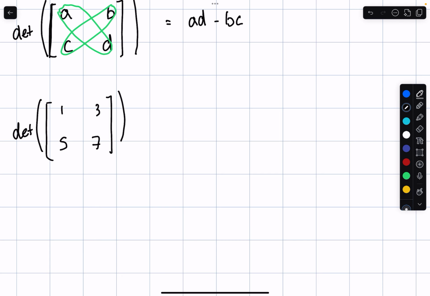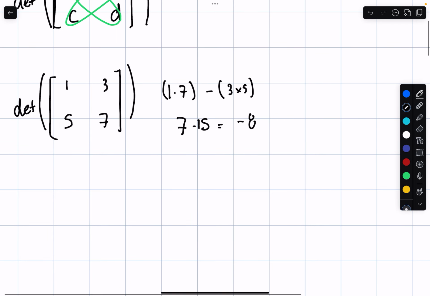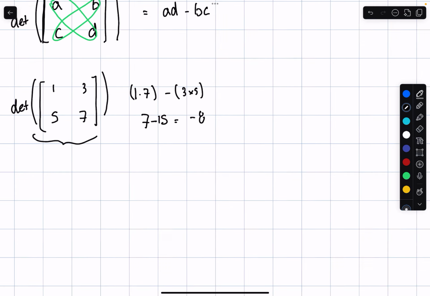All we have to do is 1 times 7, which is A times D, minus 3 times 5. This is just going to give us 7 minus 15, which gives us negative 8. So the determinant of this matrix here is negative 8.